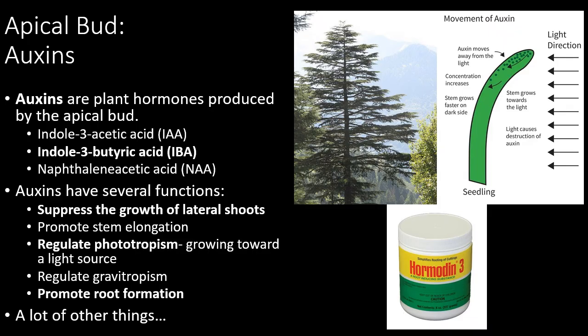And then another auxin that you see sometimes in these formulations is naphthalene acetic acid, and that one isn't, I would say, as commonly found in rooting hormones, but it certainly can be used in conjunction with indole 3 butyric acid in certain rooting hormones, especially for plants that maybe are a little bit more challenging to root.